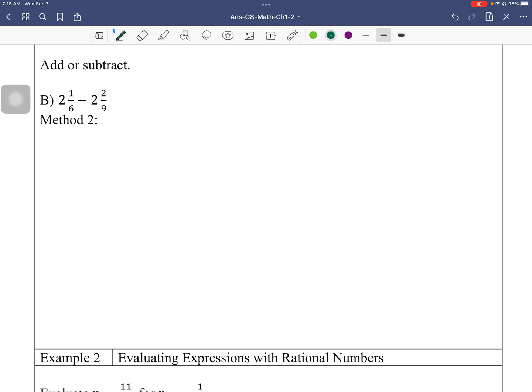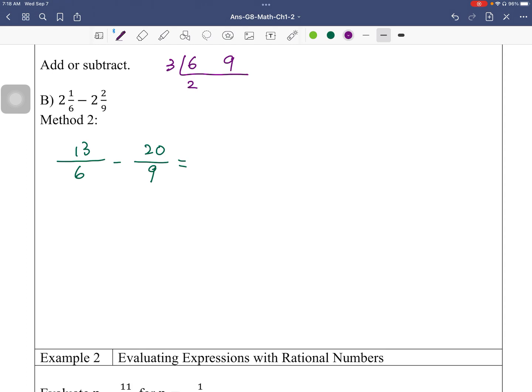But the normal way to do this is to first change the mixed fractions into improper fractions. So 6 times 2 is 12, plus 1 is 13, minus 9 times 2 is 18, so it's 20. To do this, use the least common denominator. I want to find the least common multiple of 6 and 9.